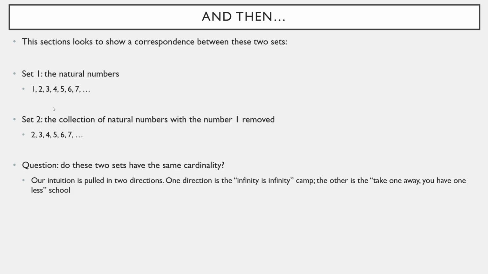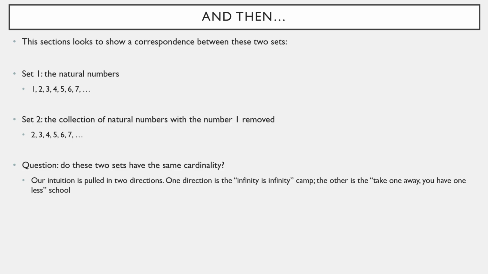Then we want to compare the collection of natural numbers with the set with the number 1 removed. The first set goes 1, 2, 3, 4, 5, 6, 7, and keeps going on forever to infinity. The other set goes 2, 3, 4, 5, 6, 7, and keeps going forever. Do these two sets have the same cardinality, the same number of elements?